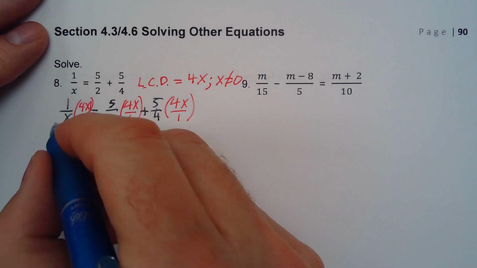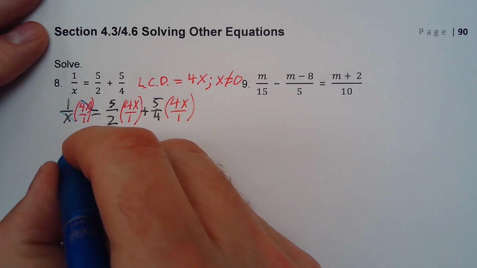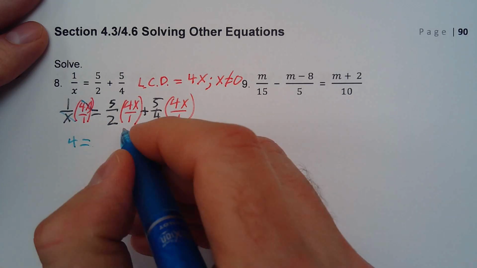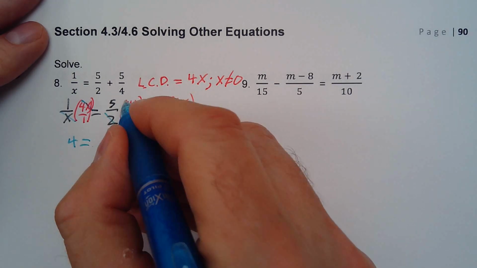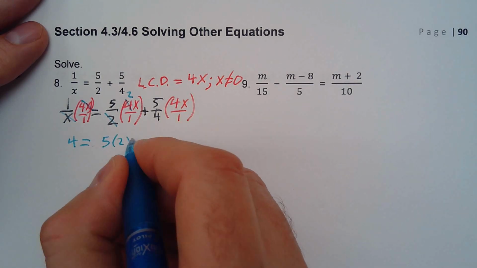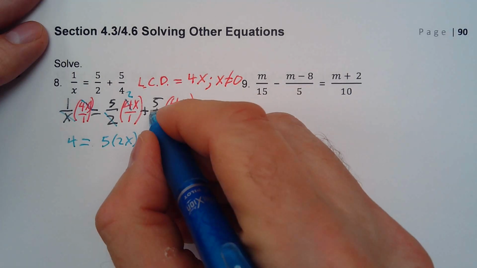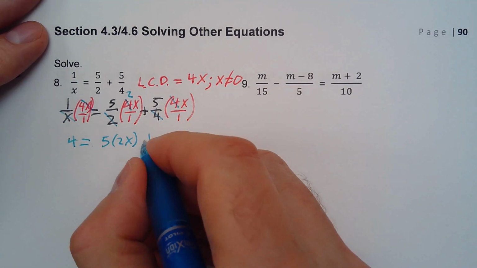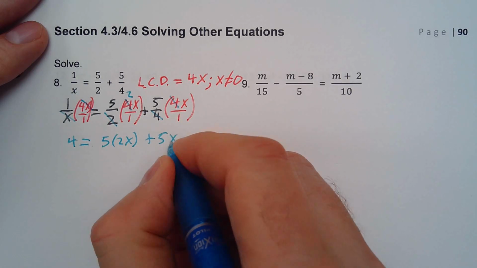All right, so this first one, the x's are going to divide out. That's just going to leave me with a 4. Second one, 2 goes in the 4 twice, so we get 5 times 2x. And here the 4's divide out, so I'll get 5x.